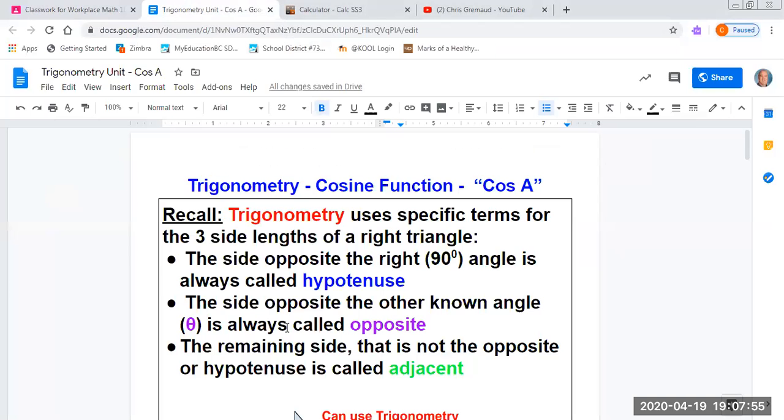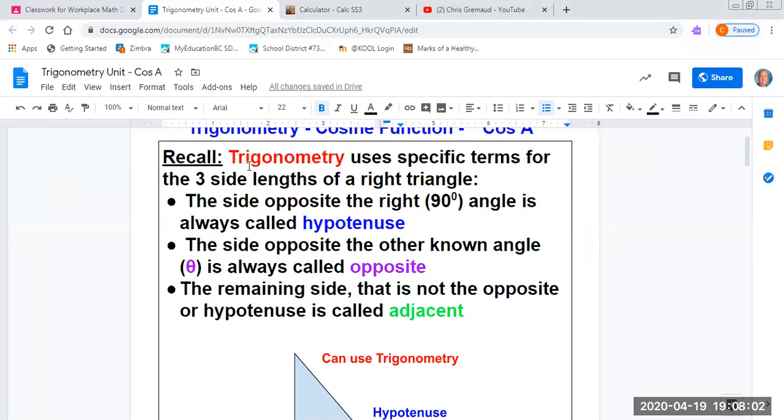Basically the cosine function is a similar concept to the sine function, and if you recall, in the last couple of classes we talked about three key terms in trigonometry. The three different sides of a triangle are referred to as the hypotenuse, the opposite, and the adjacent.